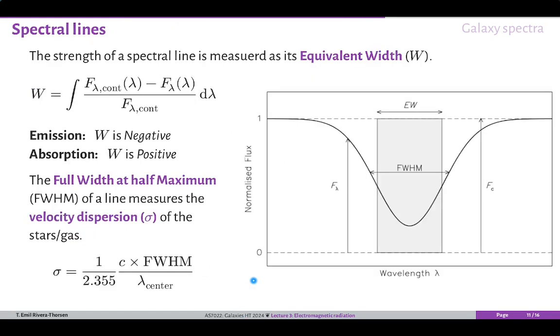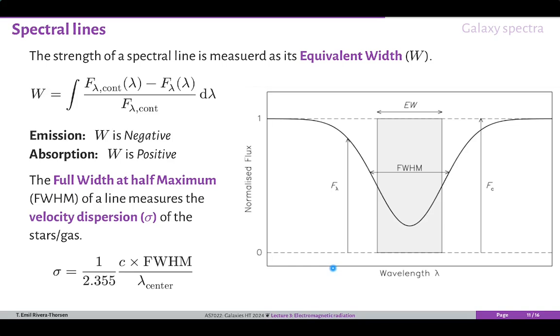Looking at spectral lines, the strength of a spectral line we measure as its equivalent width, as it is called. The mathematical expression for the equivalent width can be found here.